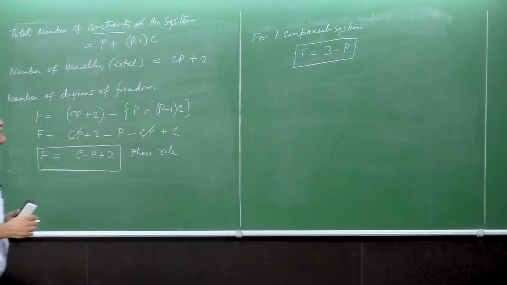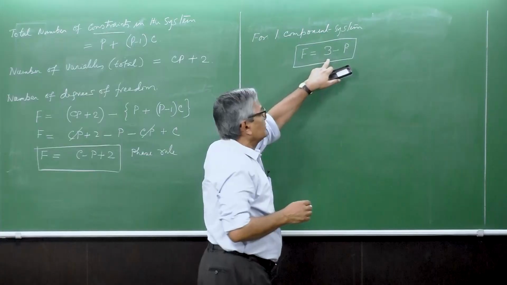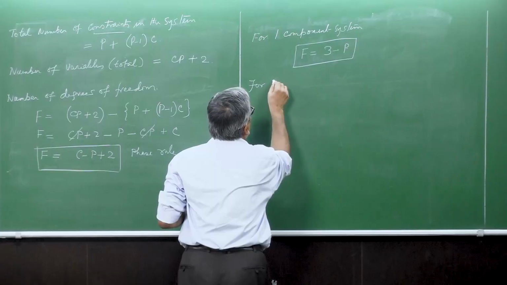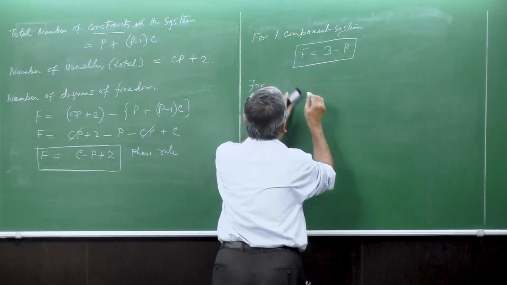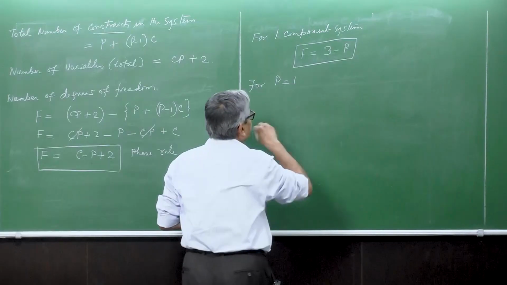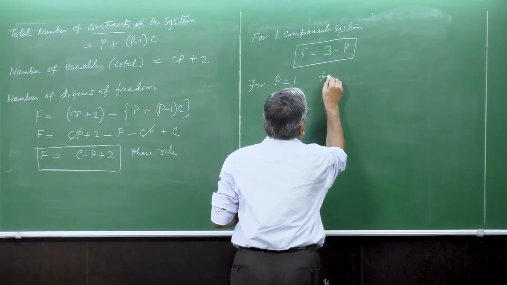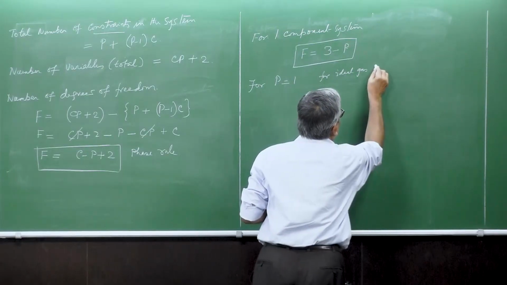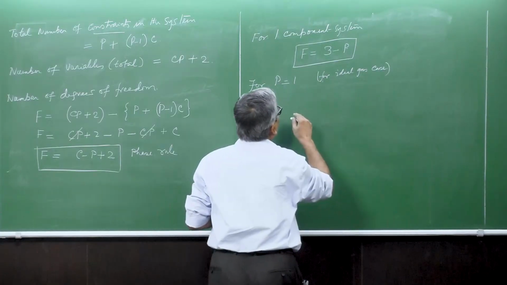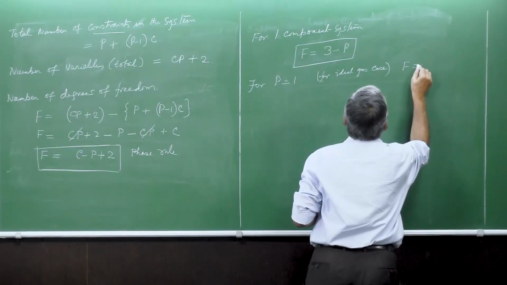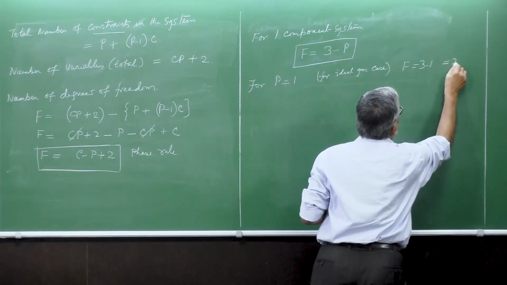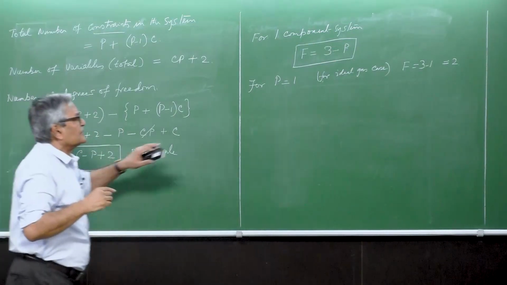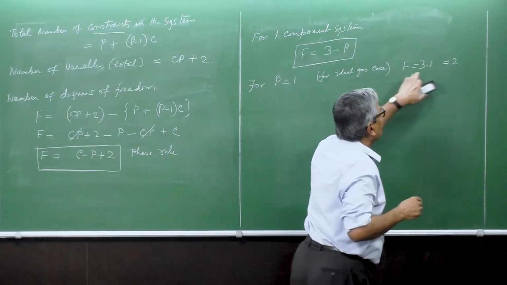For one phase, P equal to 1, for the ideal gas case, F equal to 3 minus 1 equal to 2, that we already discussed at the start of my class, that is the number of degrees of freedom is 2.